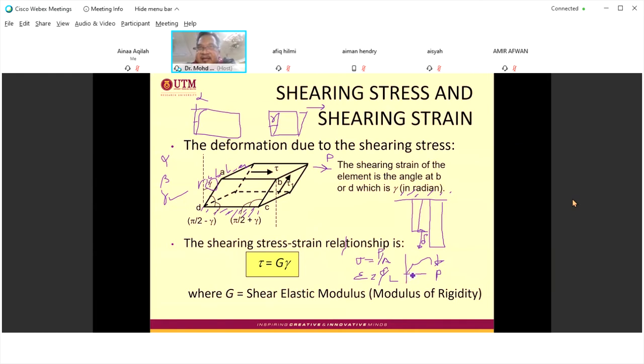E is stress divided by strain. But here, stress is called shear stress.